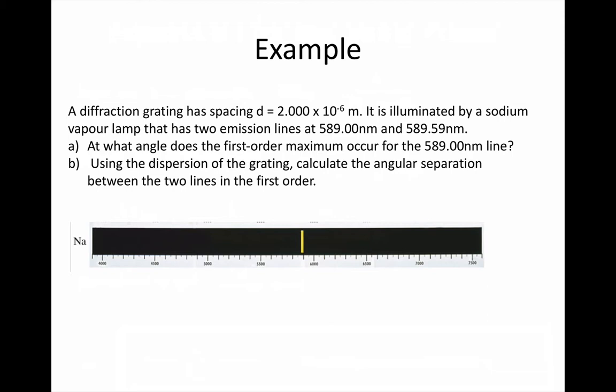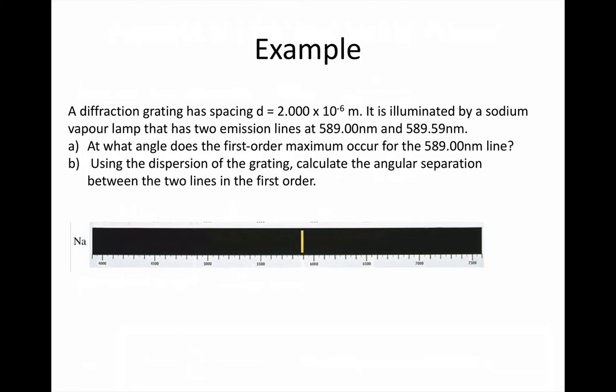So we'll do an example. Let's say that a diffraction grating has spacing d equals 2 microns, so 2 by 10 to the minus 6 meters. It is illuminated by a sodium vapor lamp that has the two sodium D lines at 589.00 nanometers and 589.59 nanometers.